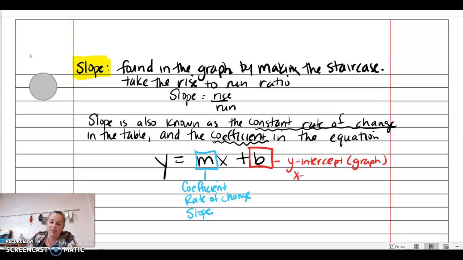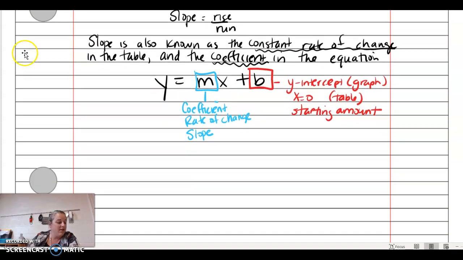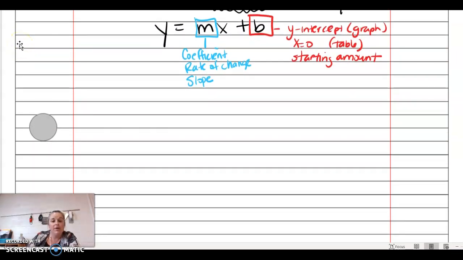It's when x equals 0 in the table. It's your starting amount. Where our graph crosses the y-axis. All that good stuff.